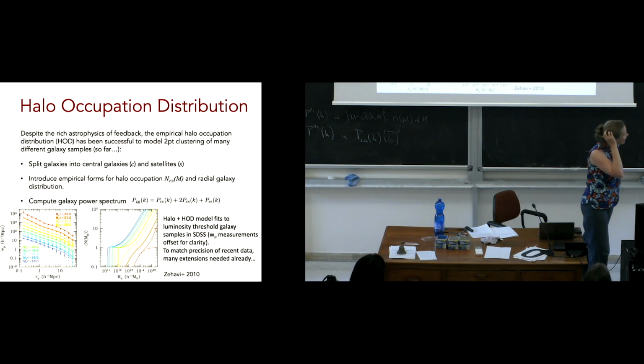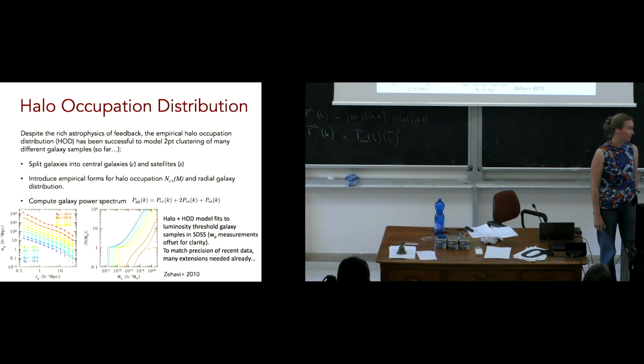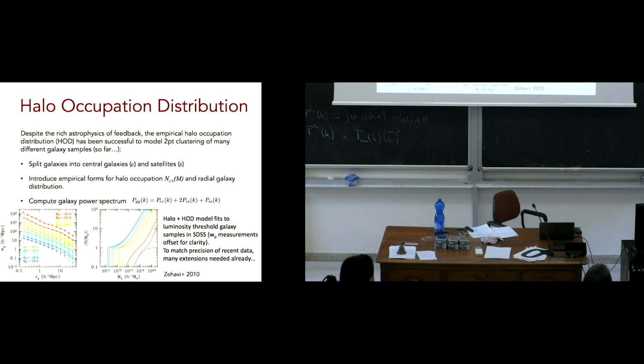As a next step, we can introduce empirical forms for the typically expected number of centrals and satellites as a function of halo mass. We will also need a prescription for the radial galaxy distribution. And at that point, we can compute the galaxy power spectrum from the central term, central cross satellite cross term and satellite term.